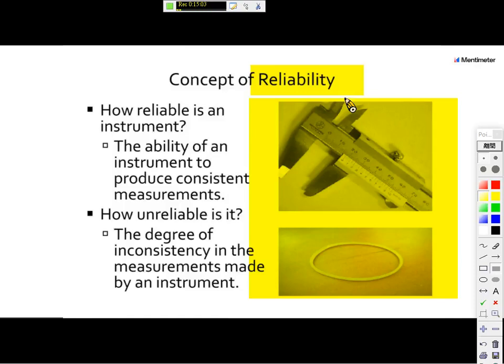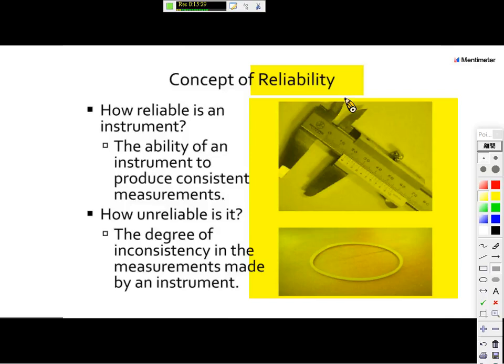It's a matter of binary, yes or no. That's it. There is no extended level of validity here. The rubber band and this ruler, both can be used to measure the length of the pen, right? So both are valid.